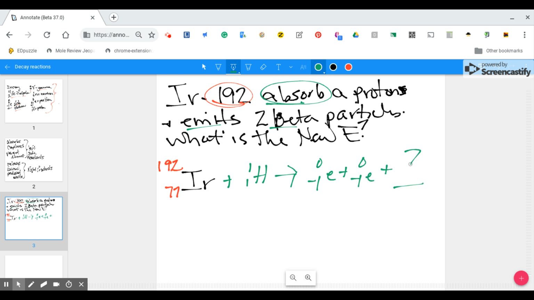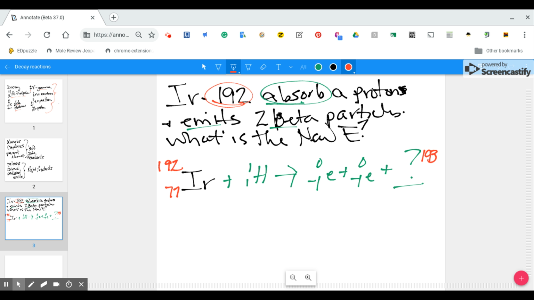So we're looking for this right here. When you're doing this, remember, each side has to equal up to the other. So I've got 192 plus 1, so this is going to have to be 193.